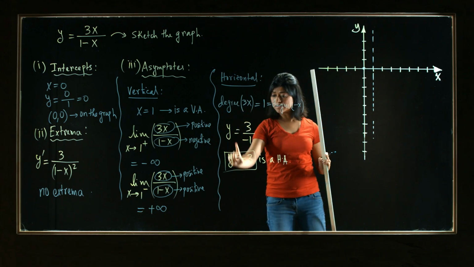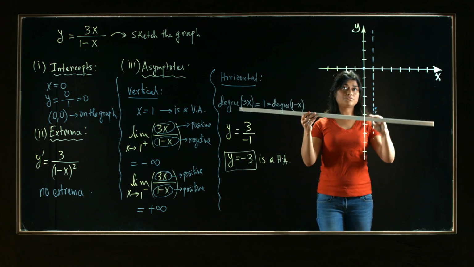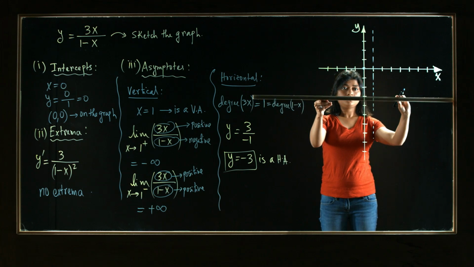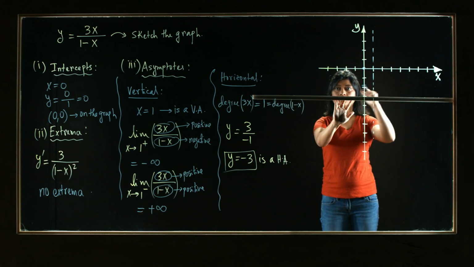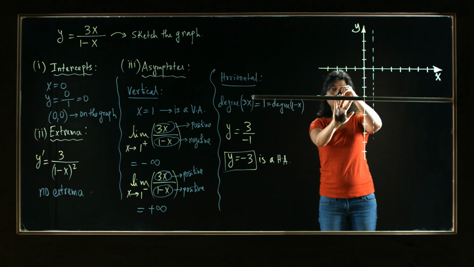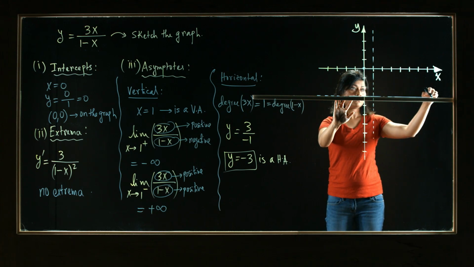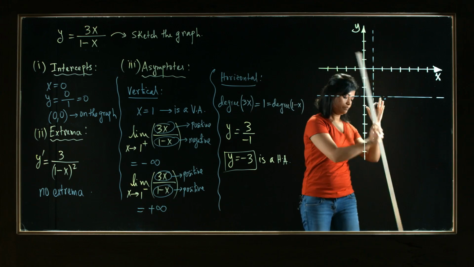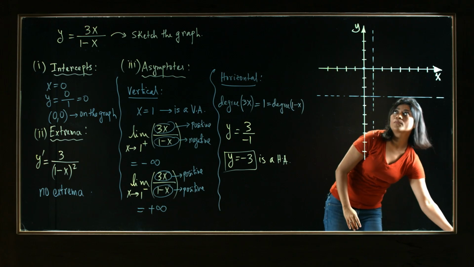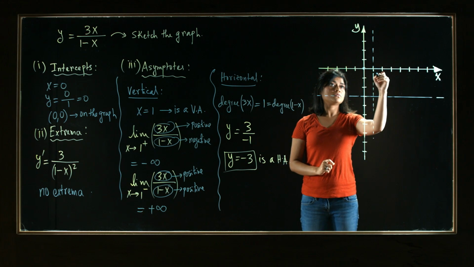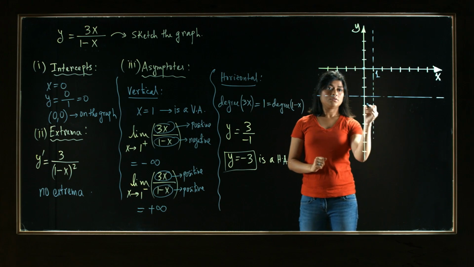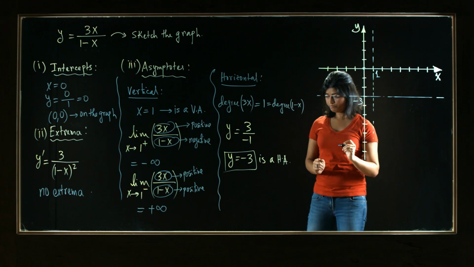And we have a horizontal asymptote, y equals negative 3. So this is 1, and this is negative 3 here.